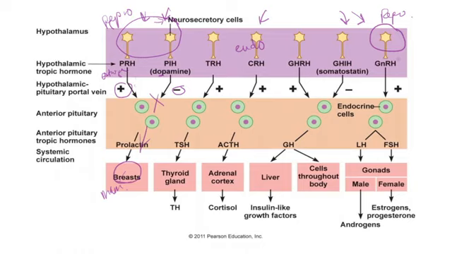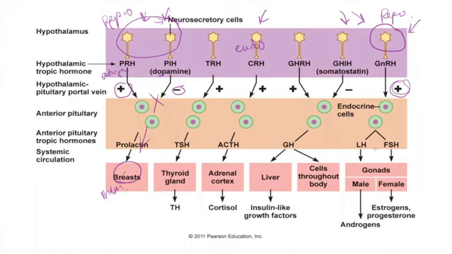Now, when we go over here to gonadotropin releasing hormone, which is what we use to get FSH and LH, you can see here it is always positive. So if there's stimulus coming in for that gonadotropin releasing hormone to be stimulated, it's always going to be a plus, meaning if it's stimulated, we're going to get LH and FSH released.